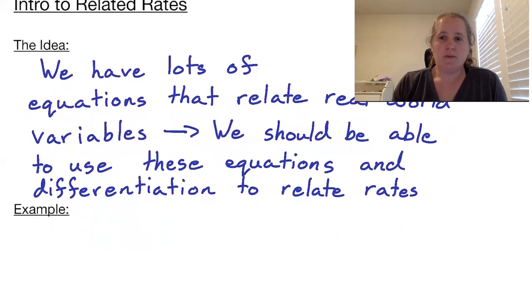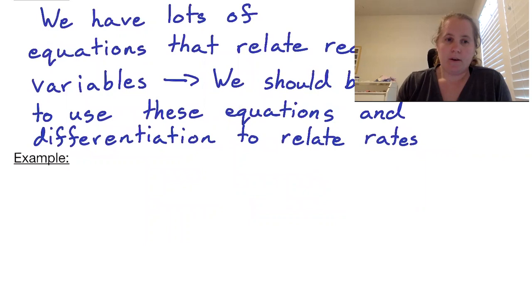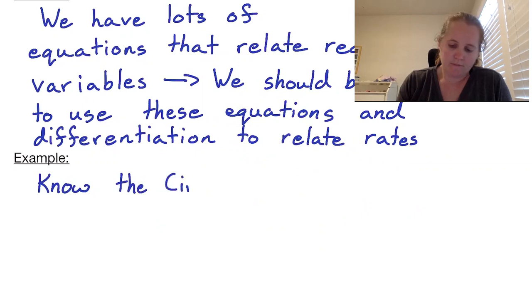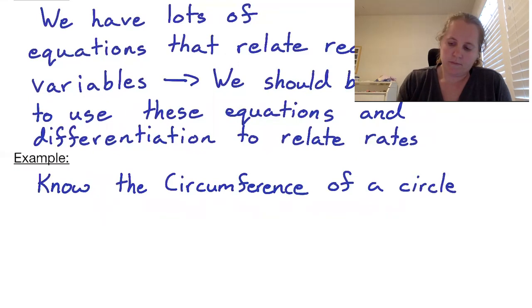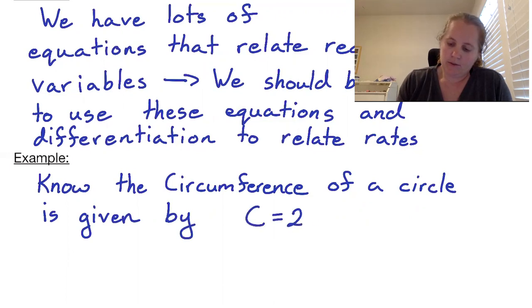So, for example, we know that the circumference of a circle is given by C equals 2 pi r, where r is the radius.